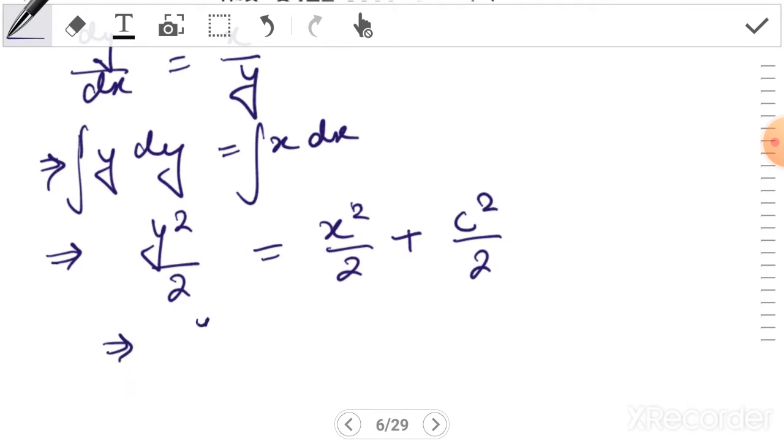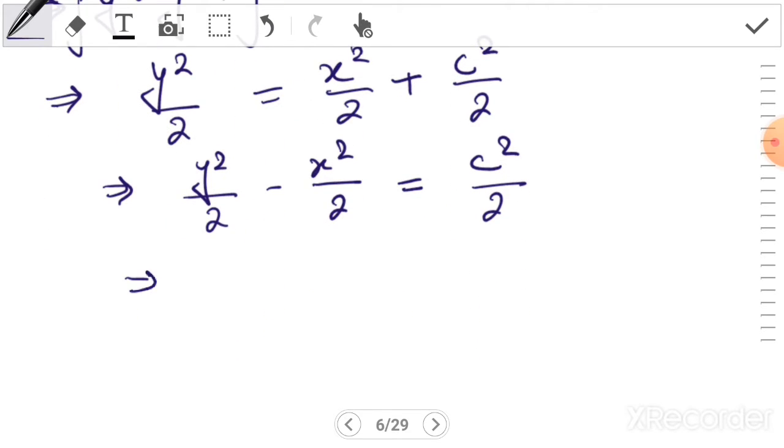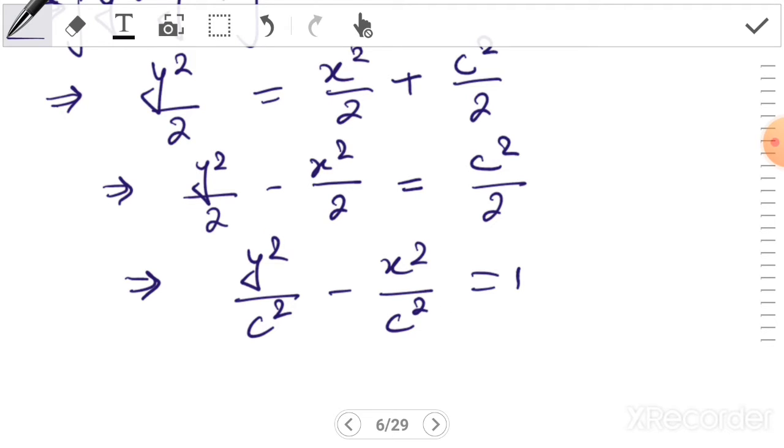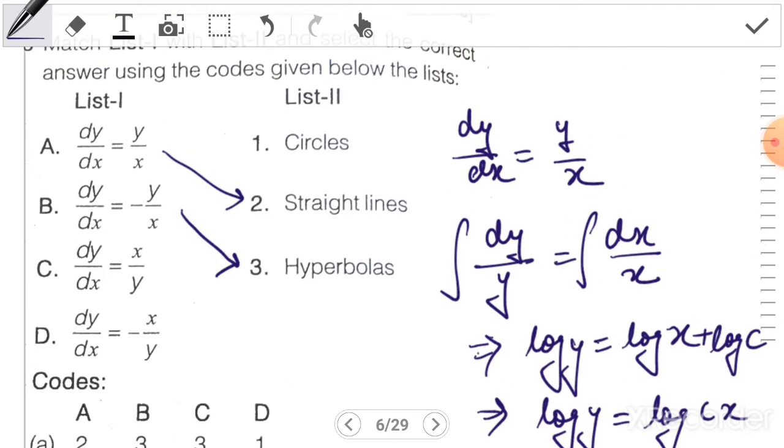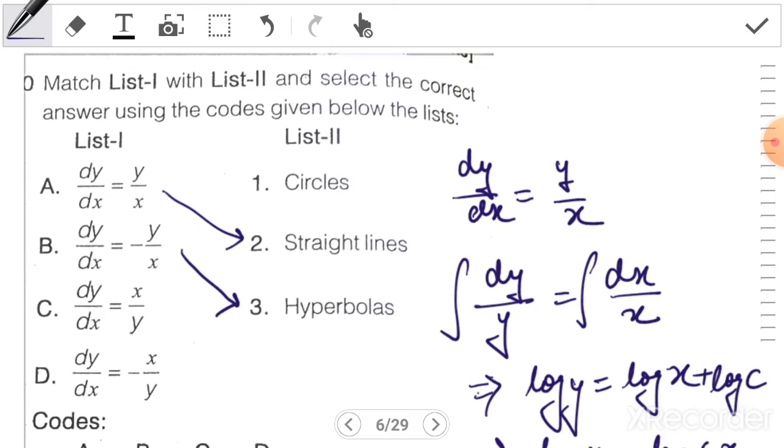Then y square by 2 minus x square by 2 is equal to c square by 2, which can be rewritten as y square by c square minus x square by c square is equal to 1. So this is also the equation of a hyperbola. C is also related to hyperbola.